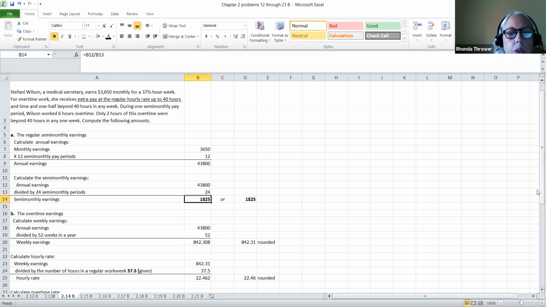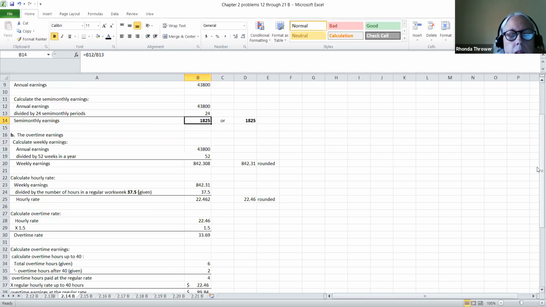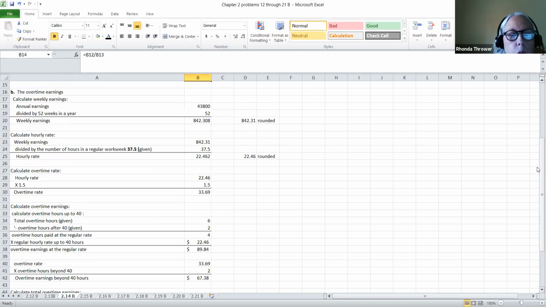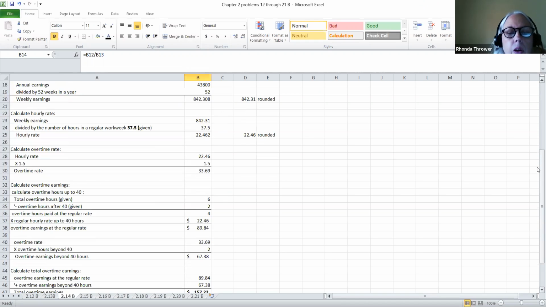Now remember, this employee gets paid her regular rate up to 40 hours. So even though she's working overtime hours of 6 hours, what we need to do is figure out how many actual overtime hours she would be working at a pay rate of 1.5 times.